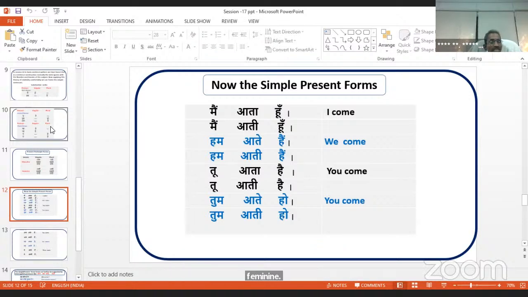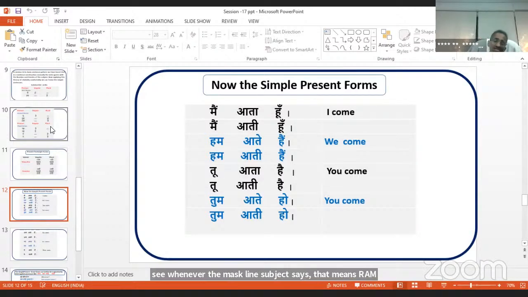Whenever the masculine subject says it, that means Ram, Rahim, Lakshman, Gopal, George, then main aata hoon. But whenever the subject is feminine, for Sita, Kamala, Lakshmi, Rita, main aati hoon.